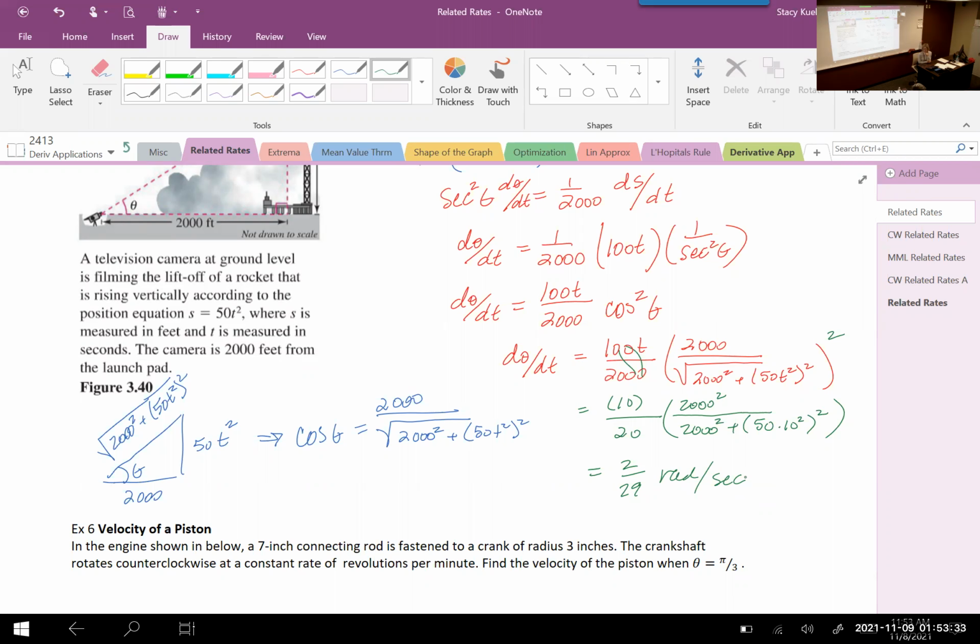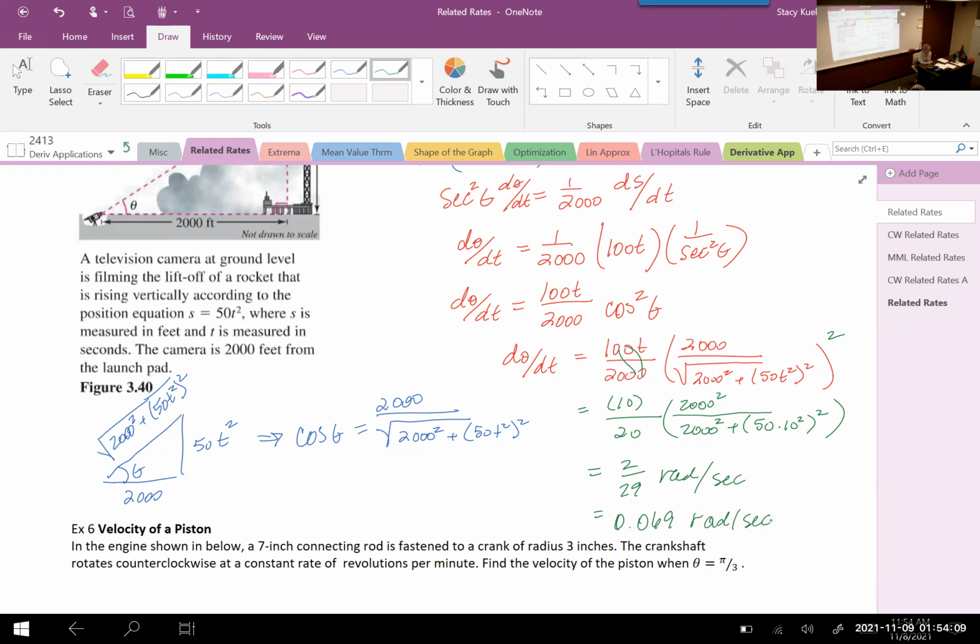You get 2 over 29, which would be what? 0.069. You all get 0.069 radians per second. Are we going to have to provide 2 over 29?